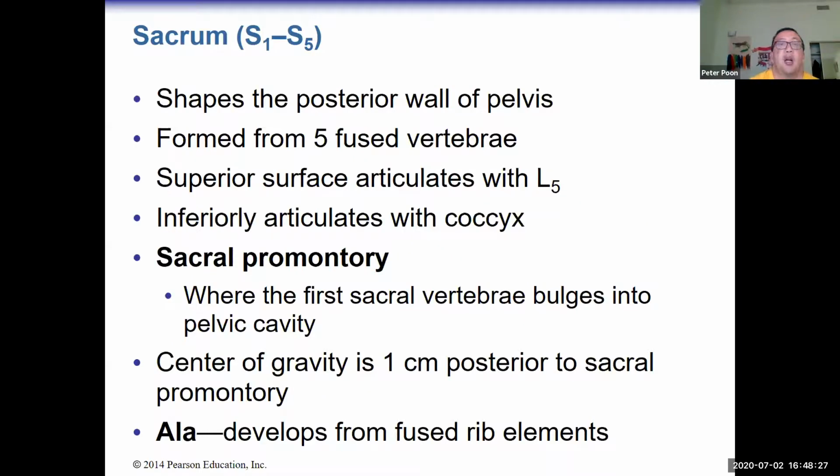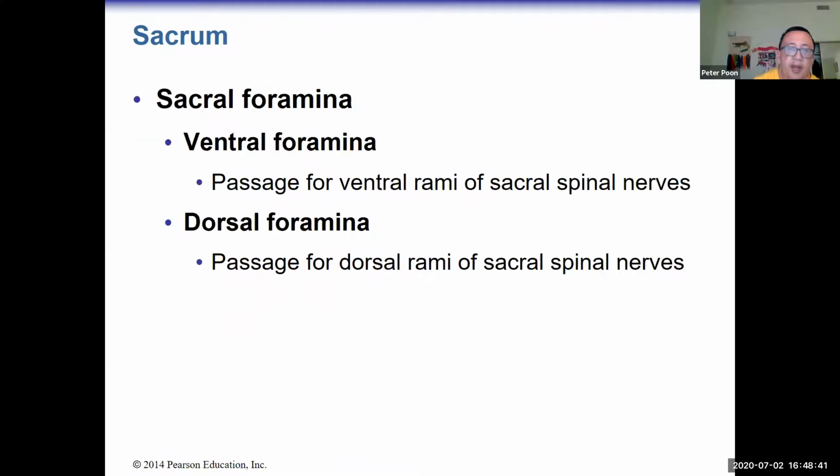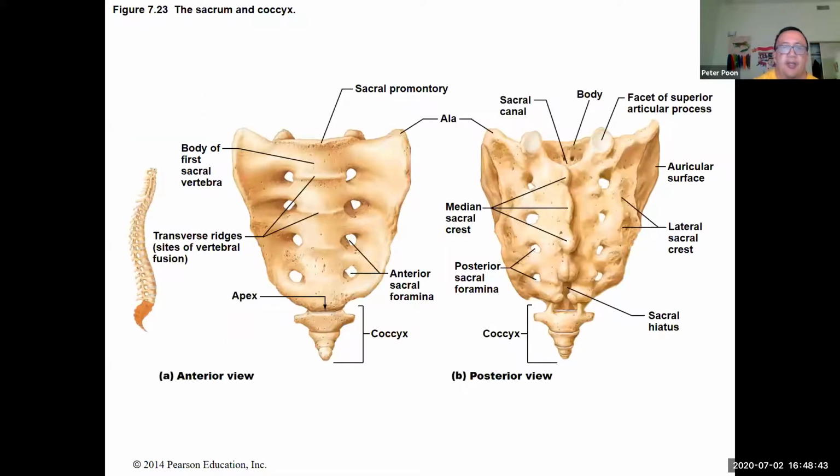The sacrum is this thing that attaches to your hip bones. It forms the posterior wall of the pelvis. Basically, the only thing on there that I want you guys to recognize is that sharp point right there, and that is the sacral promontory. Promontory literally means lookout point, like standing on the beach looking out onto the ocean.